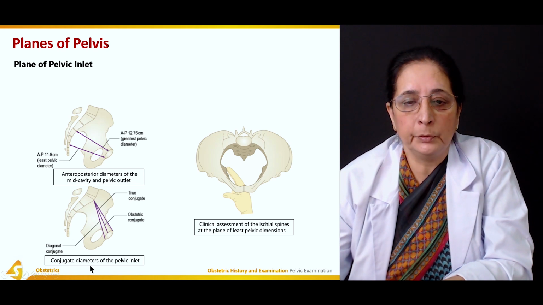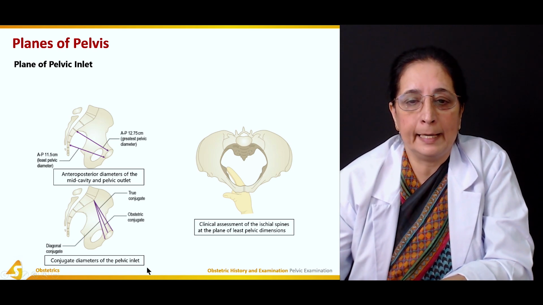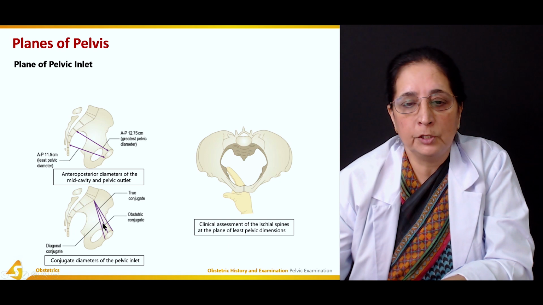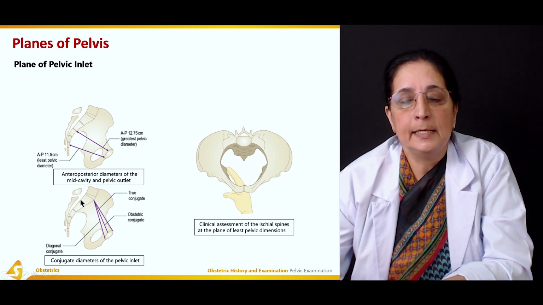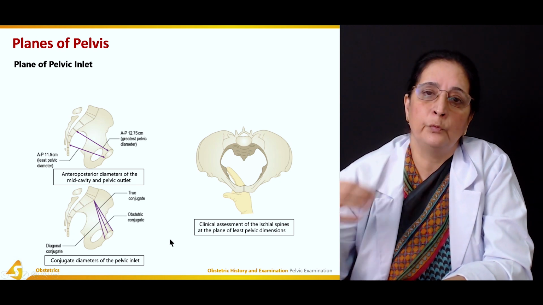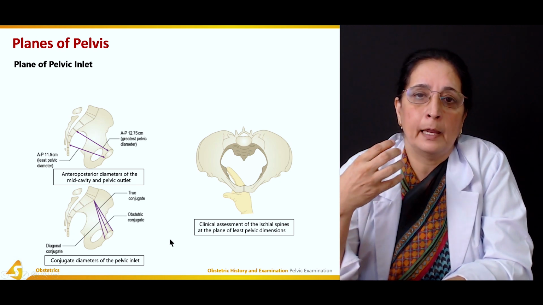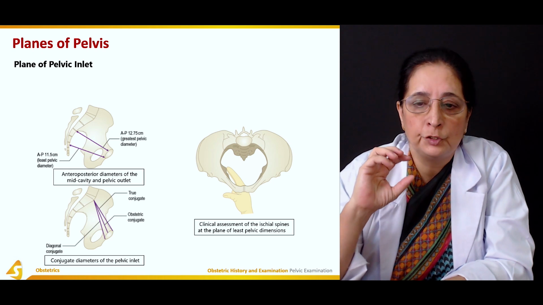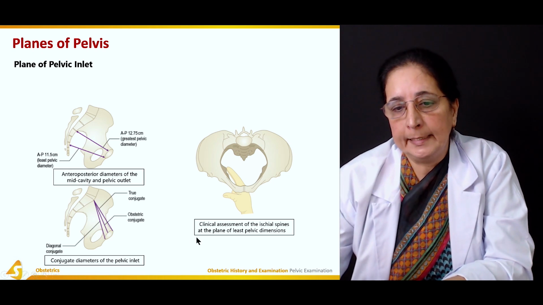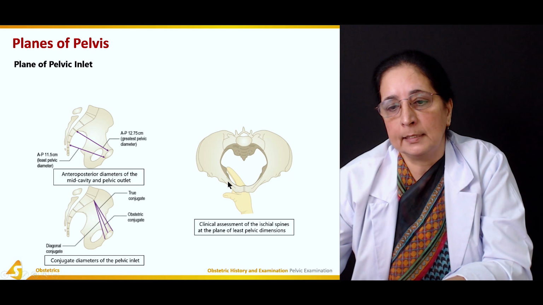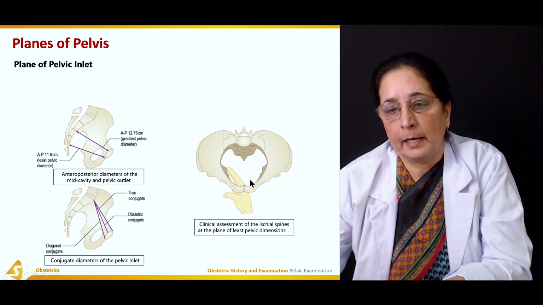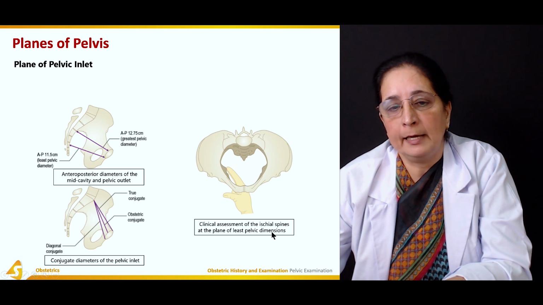These are the conjugate diameters of pelvic inlet. We have true conjugate, obstetric conjugate, diagonal conjugates, and these are the diameters through which the head of the baby should be delivered. This is the clinical assessment of ischial spine. These are the spines at the plane of least pelvic dimension.